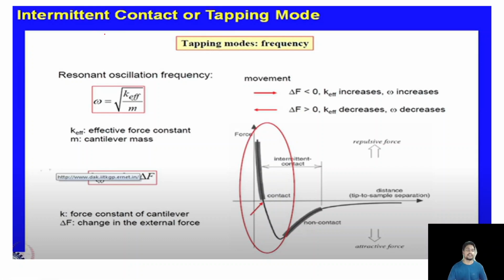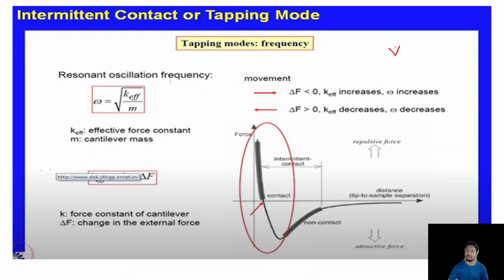This is normally never used in imaging, but there is a very new mode that is used in case of any polymer or soft surface or DNA, the biological surface. That is intermittent contact. So this is in between the contact and non-contact modes, and it uses both the advantages of the contact and non-contact modes.